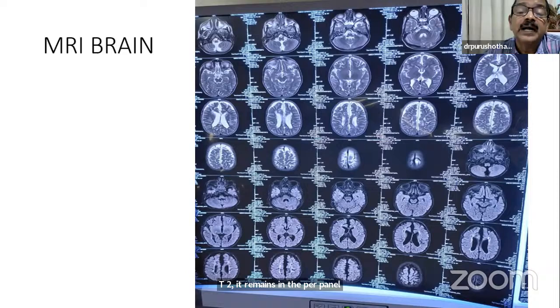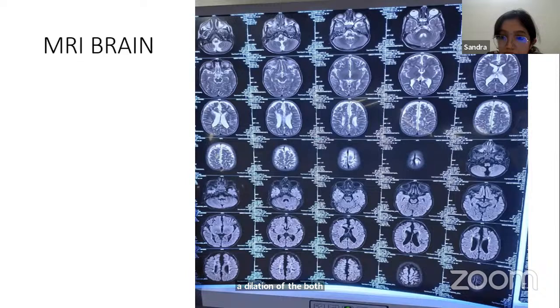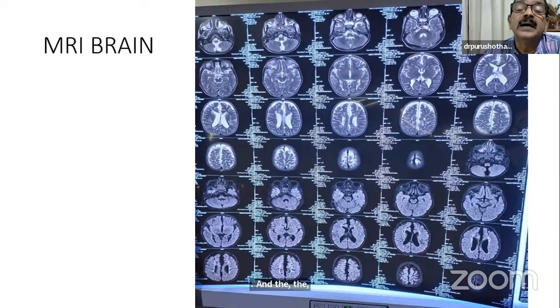There is a little dilatation of both ventricles. The cerebellum is normal. The medulla, pons and midbrain are all normal. Ventricular dilatation is there on both sides, and overall there is atrophy.